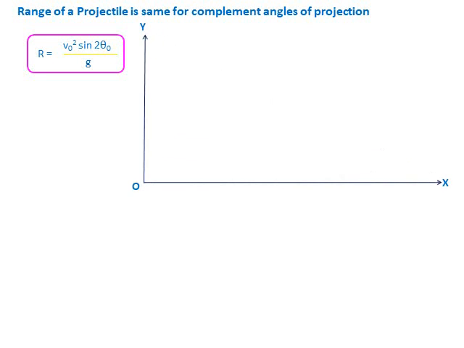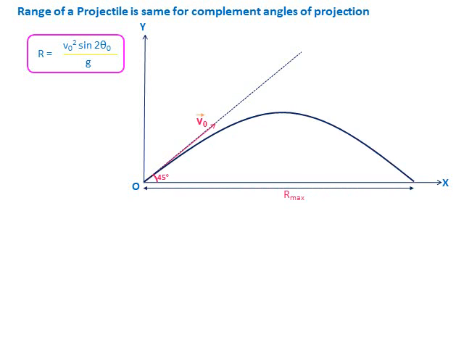Now the range of a projectile is the same for complementary angles of projection. We have already calculated that the range equals V naught square sine 2 theta naught upon g. You can see that if the angles are different, the range is different.